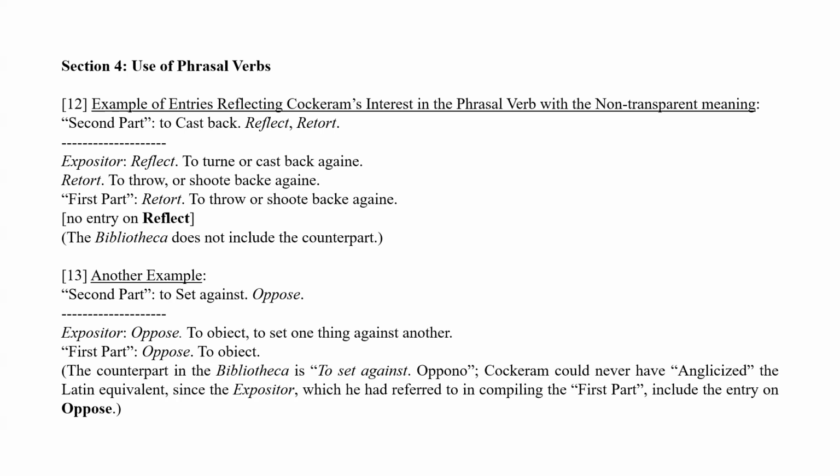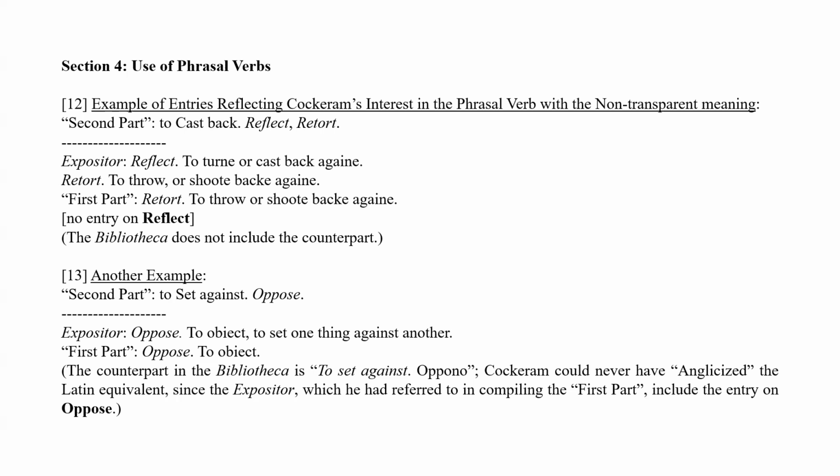Here, it will be clear that Cockeram consciously selected "cast" to combine the word with "back", disregarding the words "turn", "throw", and "shoot" in the entries of the Expositor and the first part, although his criterion of this choice is not clear.